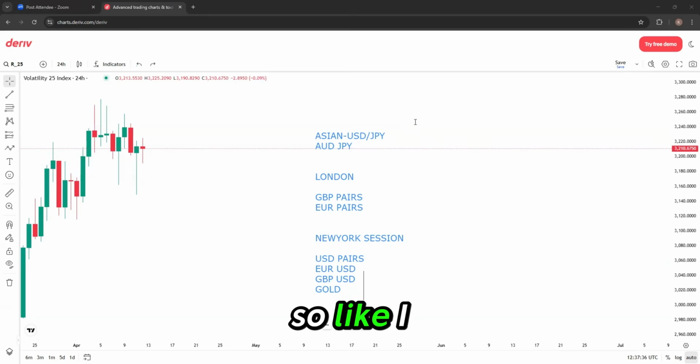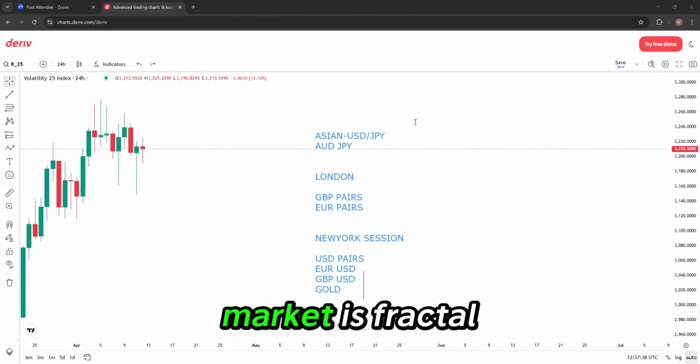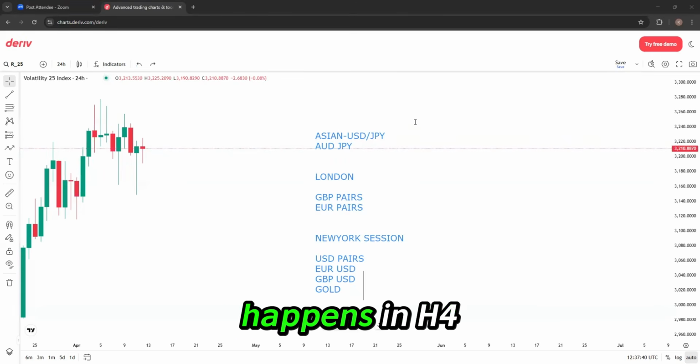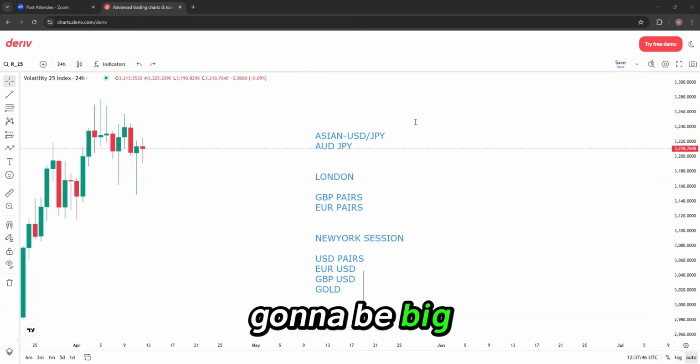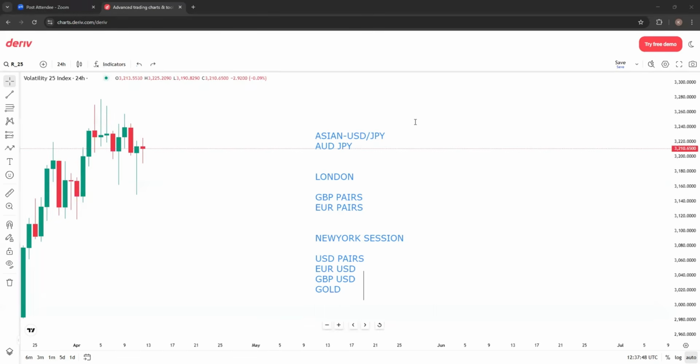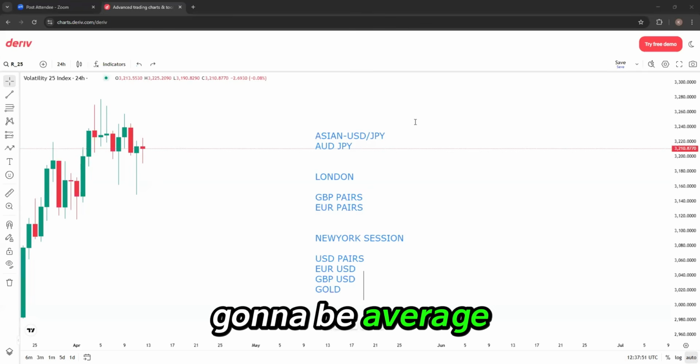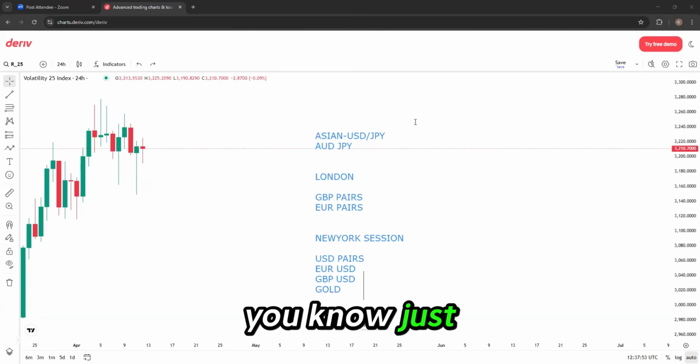I hope you understand that the market is fractal, meaning that whatever happens in H4 also happens in M15. But if I find the setup in H4, the move is going to be big. If I find the setup in M15, the move is going to be average, or just slow. It's not going to take the whole range. So now it depends with you.